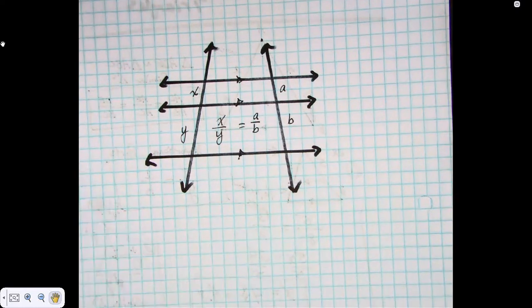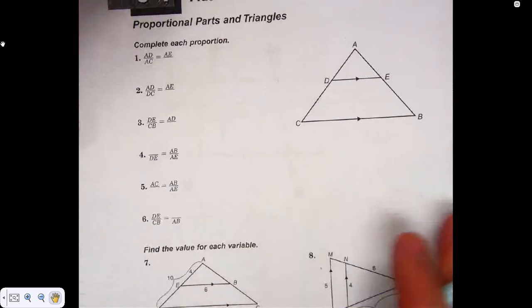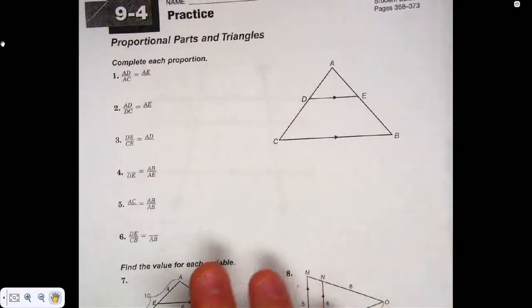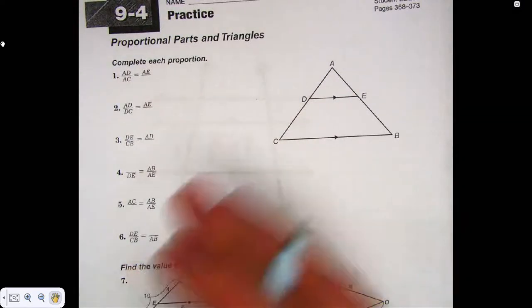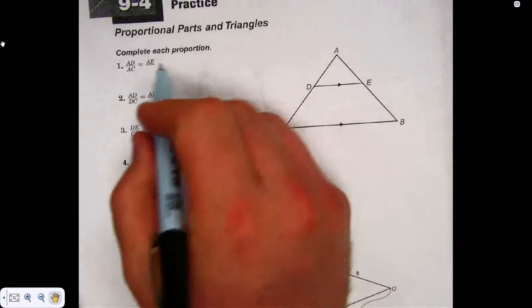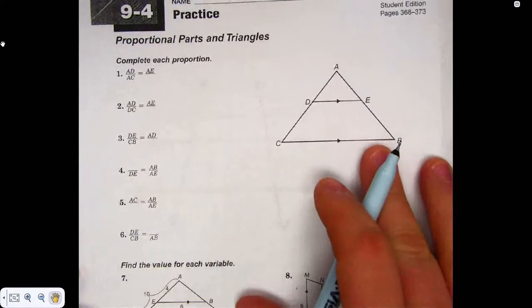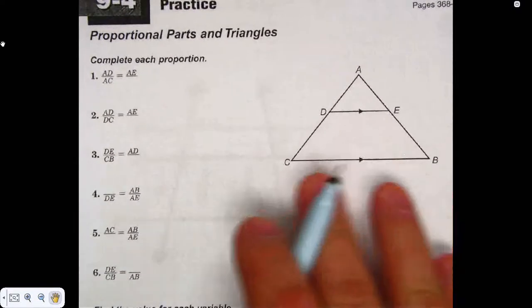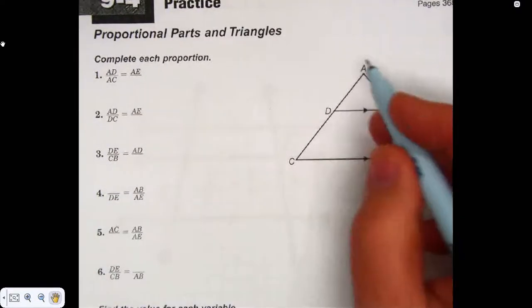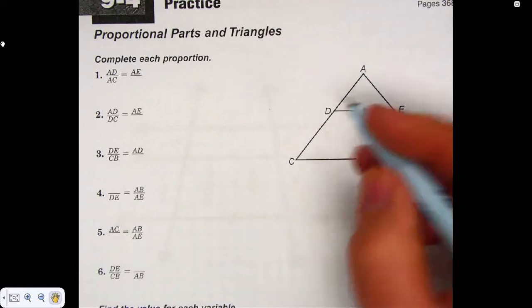Okay. Let's get out our worksheet. Let's do some of these. Complete each proportion. So in some cases we're going to have proportional parts. In some cases we're probably going to have similar triangles. For this first one we've got AD over AC.